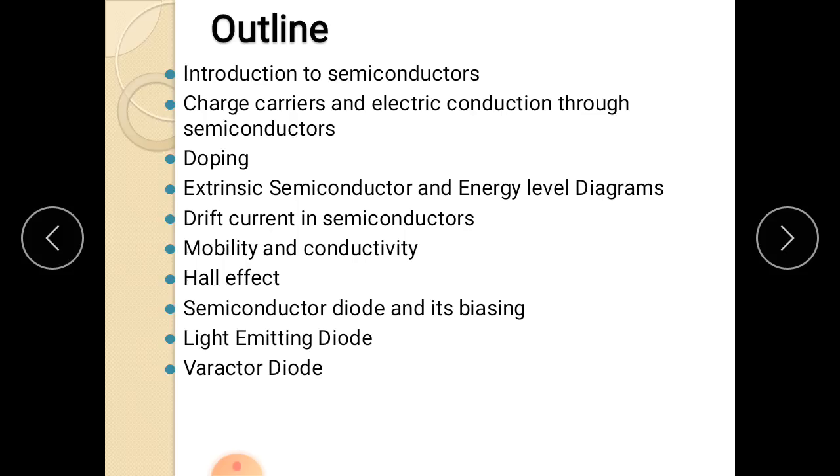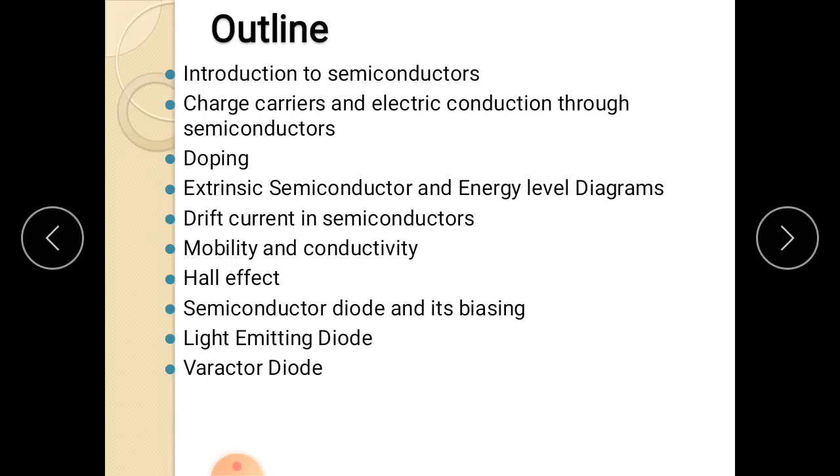So, in this unit, we will discuss the introduction to semiconductors, charge carriers and electric conduction through semiconductors: what are charge carriers and how the electric conduction takes place through the semiconductors. We will discuss doping. What is doping?